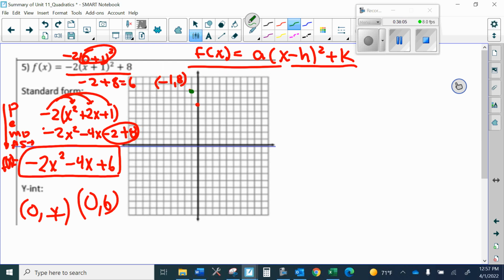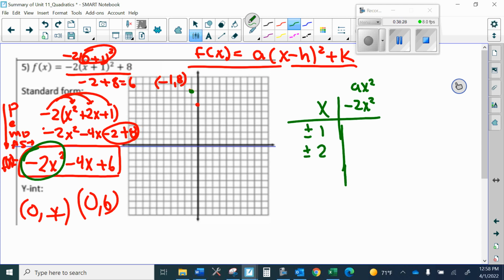This is my vertex. Okay. What would be my a? My standard form right here, ax squared. Remember I told you that's the shape of the graph. So the shape of the graph is negative 2x squared. This is your ax squared right here. So what I'm going to do is plug in plus or minus 1 and plus or minus 2.